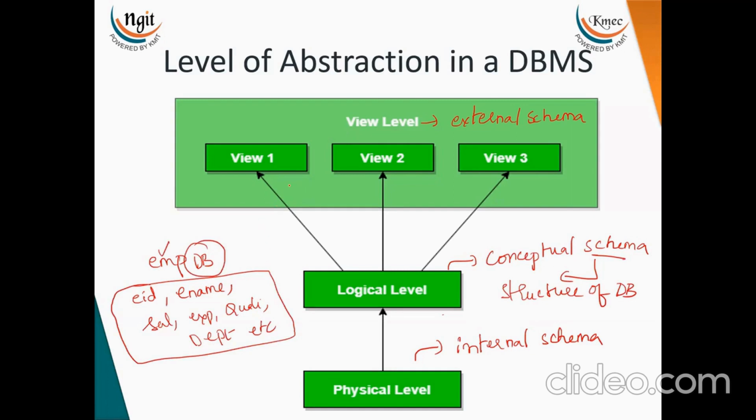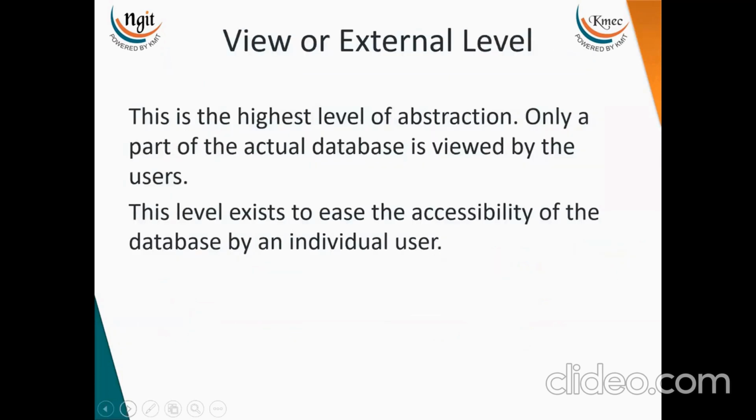Now we will see what a view level is. Let us move on to the next slide. View level is defined as the highest level of abstraction. As it is present at the top among the other levels, it is considered as the highest level of abstraction.